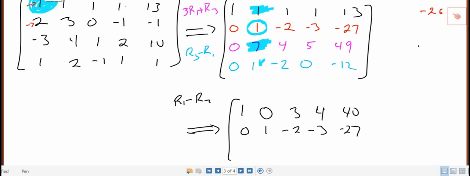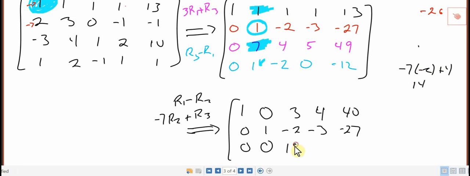So in order to get a 0 there, I'm going to take a negative 7 times row 2 and add that to row 3. So we get a 0 there, and we get negative 7 times 1 plus 7. Negative 7 times negative 2 plus 4. So that's 14 plus 4 is 18.